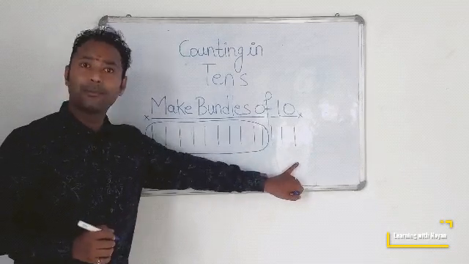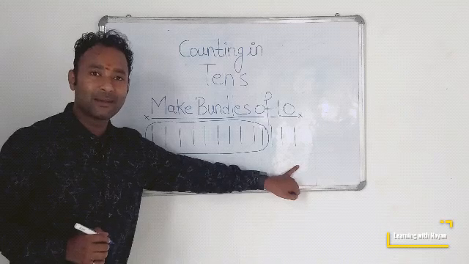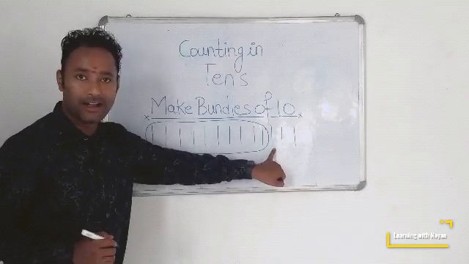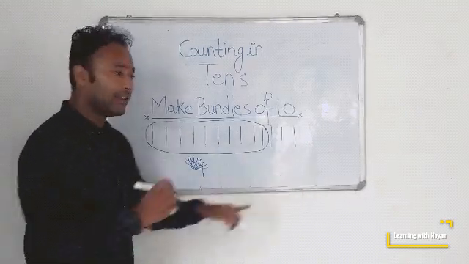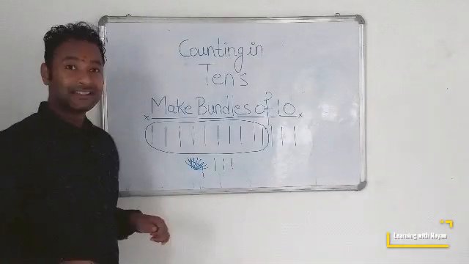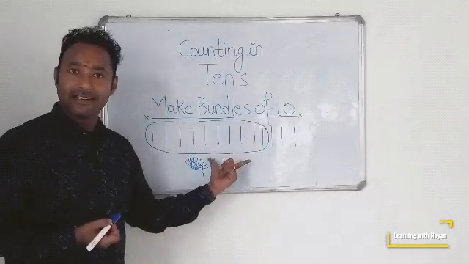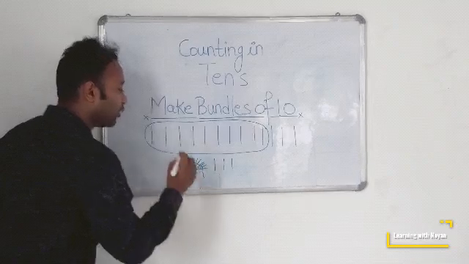Can you students tell me how many are remaining? Come on, tell me how many sticks are remaining? Yes, 1, 2, 3. So 3 sticks are remaining. Students, as it is a bundle of 10 sticks, in the tens position you will write how many?